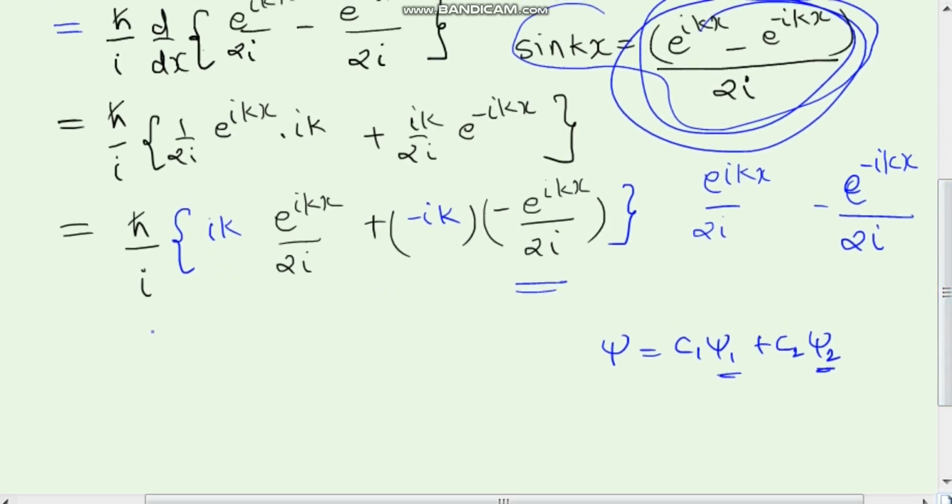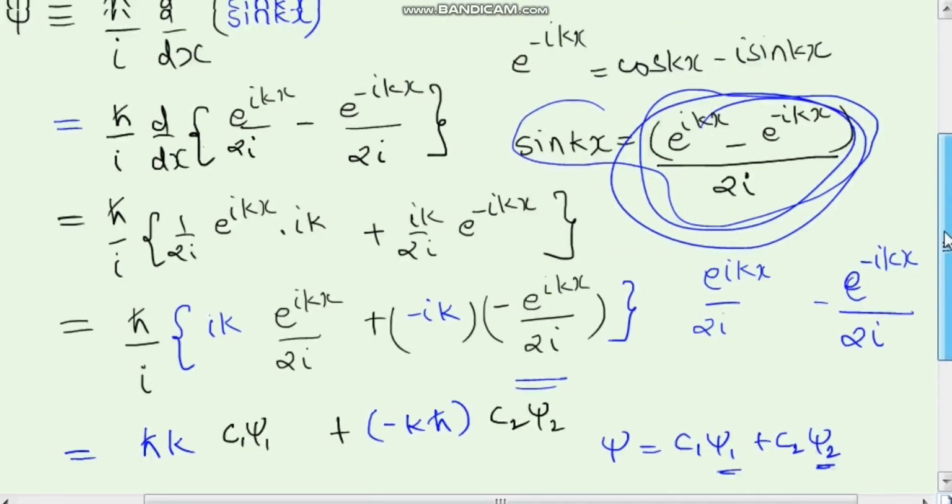So let's write it in the original manner, multiplying everything. The i cancels, you will get h cross k, and then the original value c1 psi1, plus another value that is minus h cross k, and then c2 psi2 again.